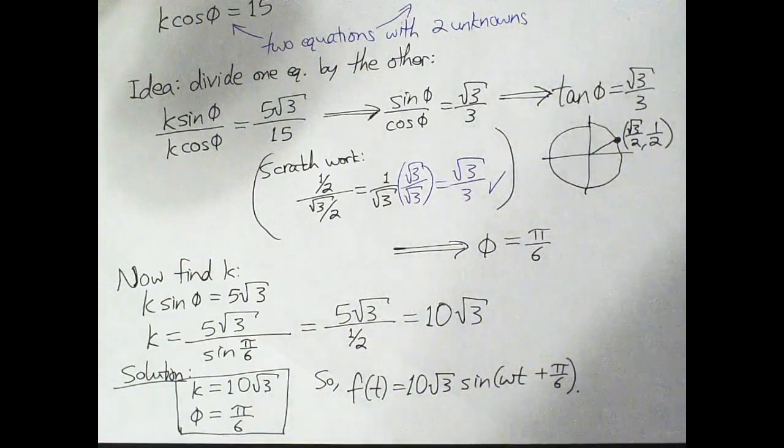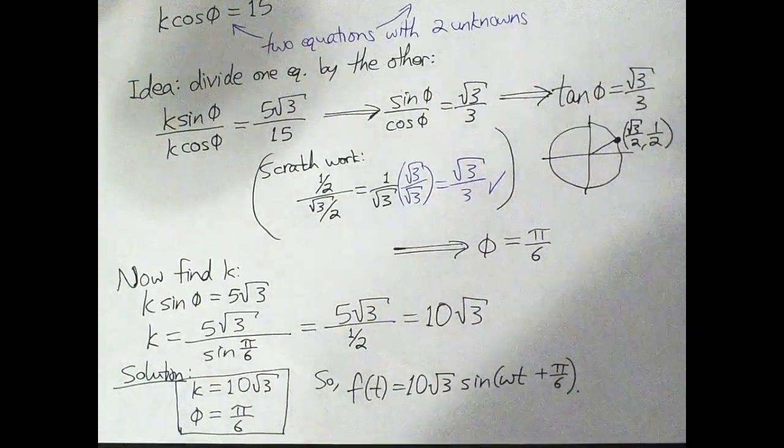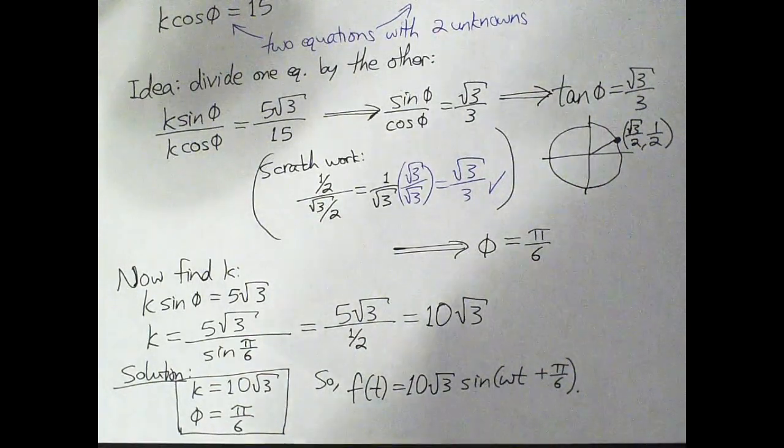Maybe you've never done that with tuning forks, but you've heard sounds that interfere with each other before, so maybe you can imagine it. And it's kind of interesting that the function that models this interfered sound can be written in so many different forms. There's the original form that the problem gave us.